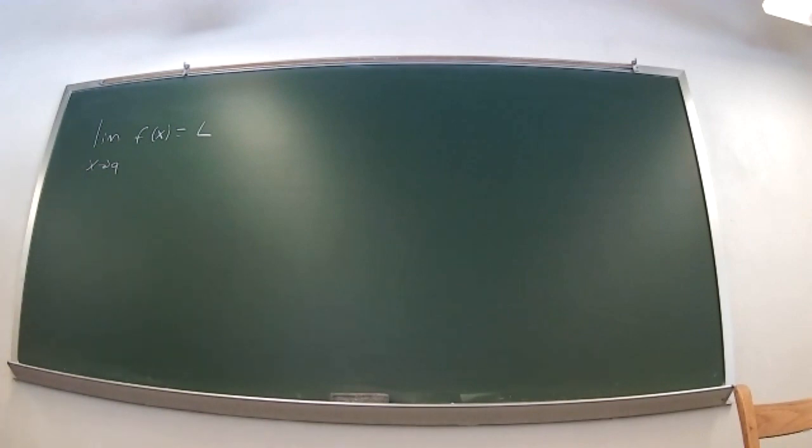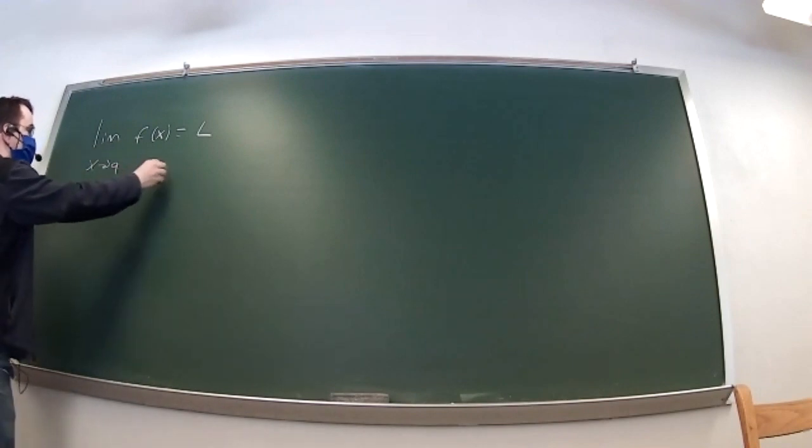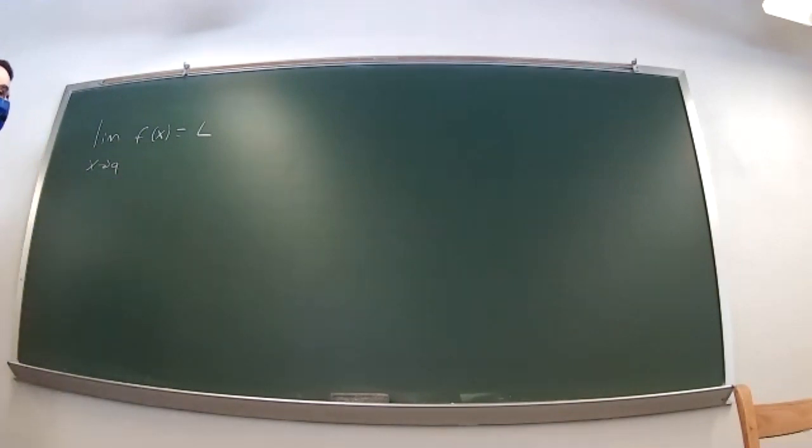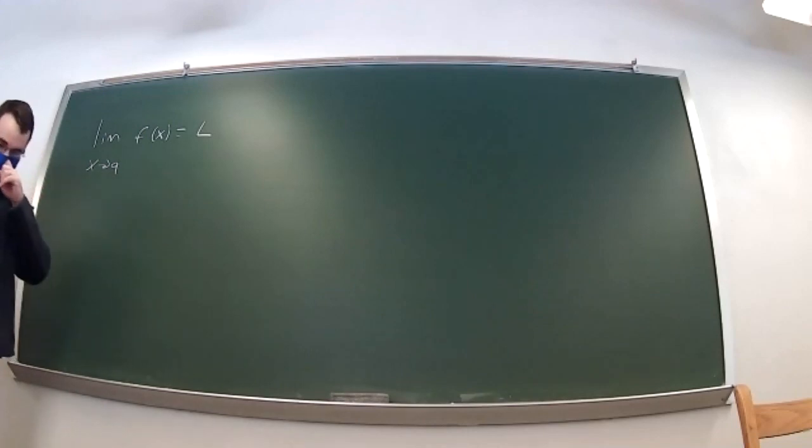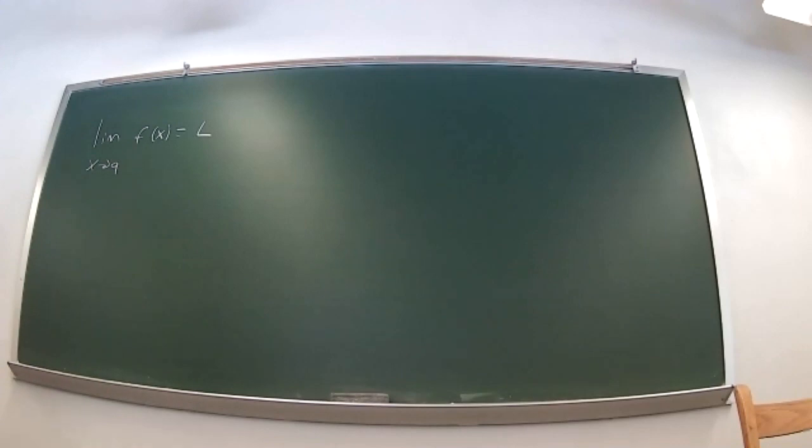And that informal definition basically says that what this statement means is that if x is close to a, then f of x will be close to L. Maybe f of x could even be equal to L. That's allowed. It doesn't have to be, just has to be close to L. And so how can you formalize that?